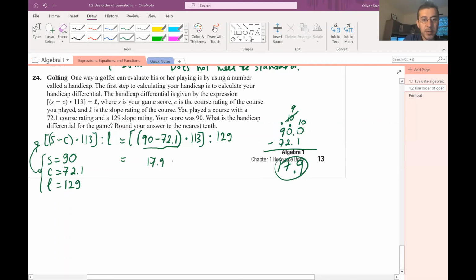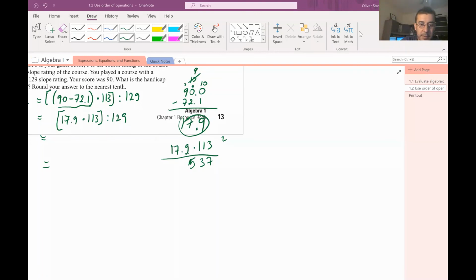And then times 113, now straight brackets, and then divided by 129. You can do this in the calculator, or you can do it here on the side. Let's do it on the side here. So it's 17.9 times 113. 3 times 9 is 27, 7 and 2. 3 times 7, 21 and 2, 23, 3 and 2. 3 times 1 is 3 and 2, 5. This is 179.